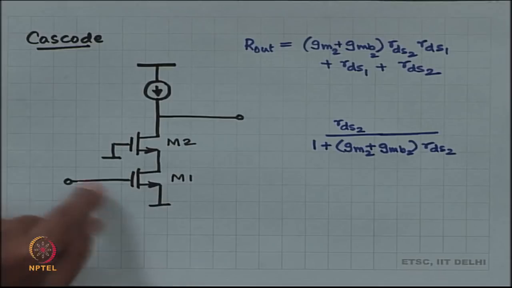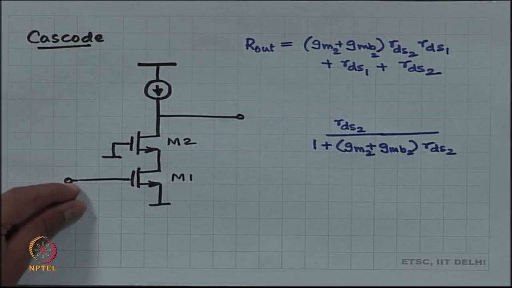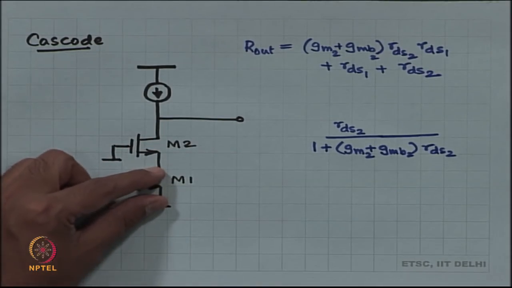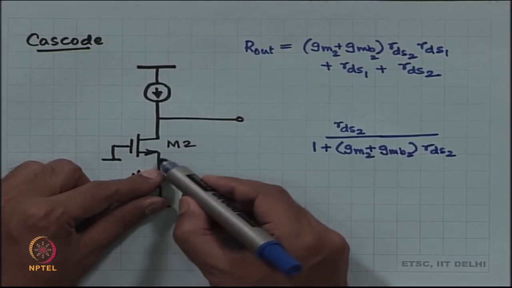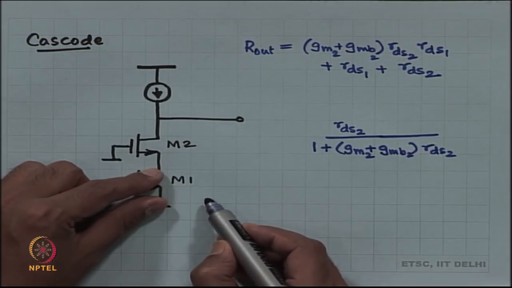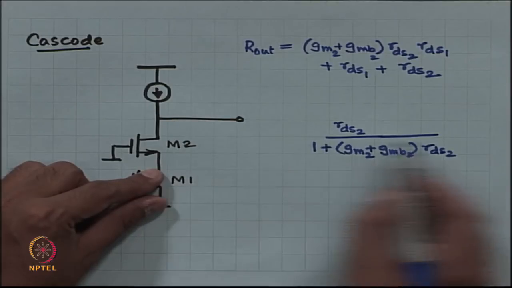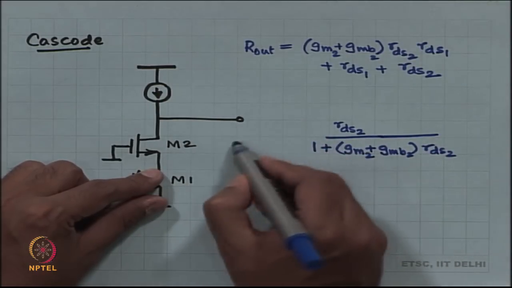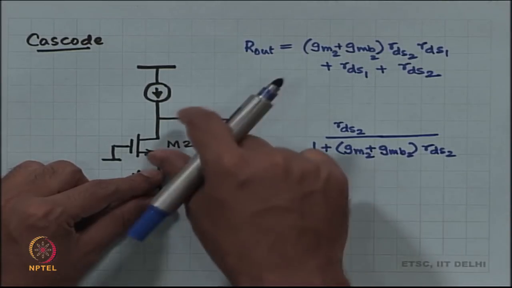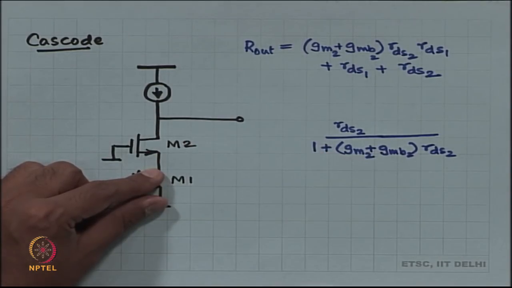Once again, I apply V in over here. M1 responds with a current GM1 times V in. This current has to choose between two paths. One path is RDS1 to ground, the other path is this impedance to ground.